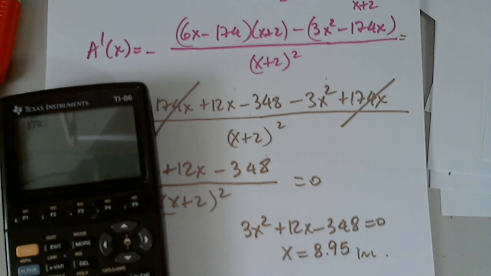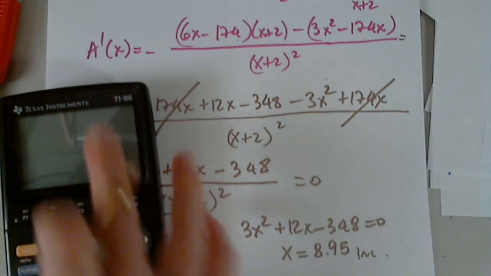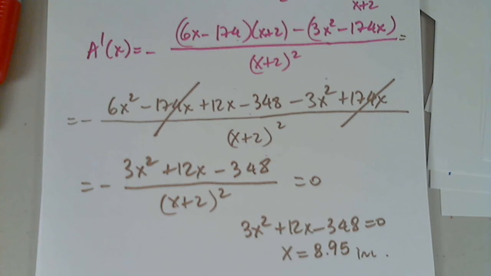So 174 minus 3 times 8.95, divided by 8.95 plus 2. And I got 13.44 inches. And now you can say, show me, because this is not enough.